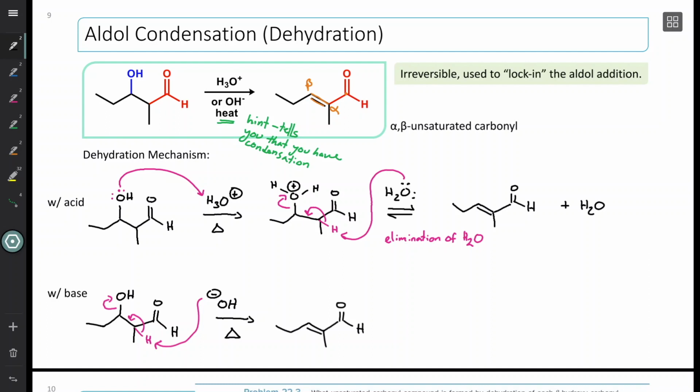And so you form your unsaturated carbonyl right in one go, plus water that you formed with your base, and then you regenerate some base as your leaving group.